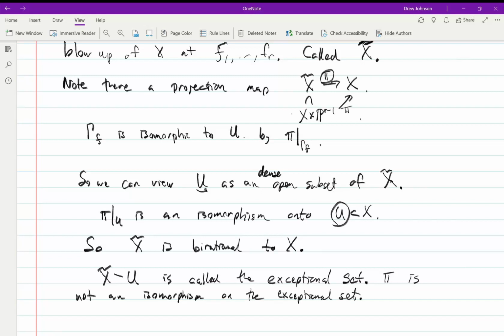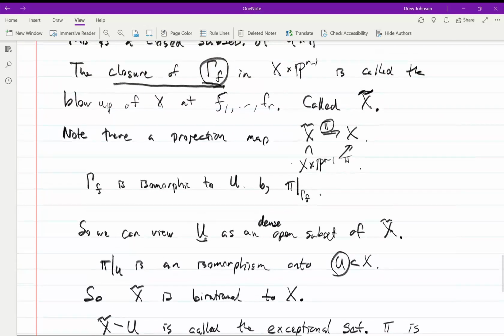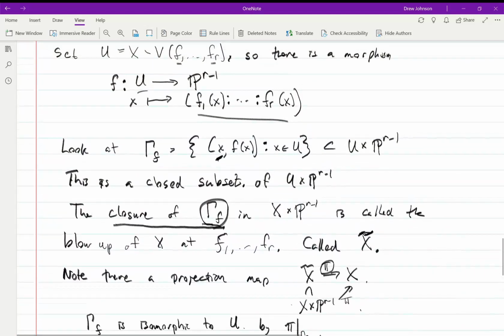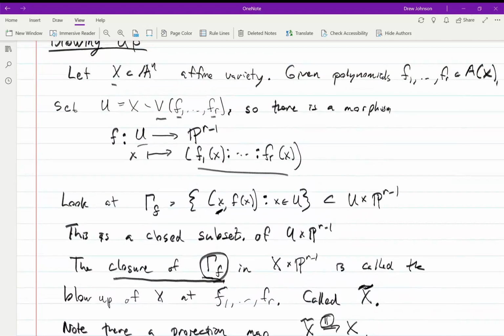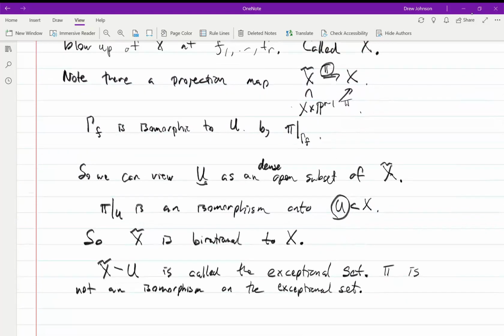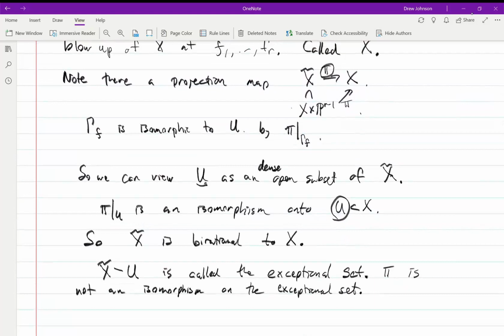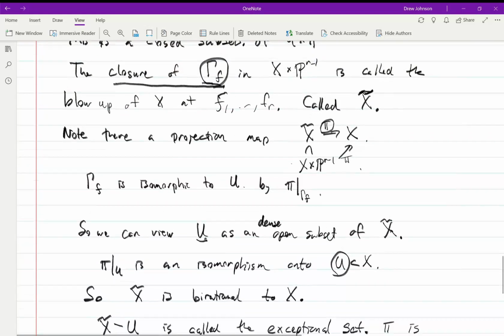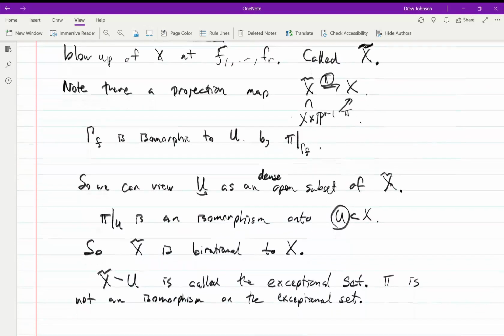All right, so what you're supposed to be thinking is we started with this variety X, and then we took out some stuff. We took out the vanishing locus of some functions, and then we made a new thing, X tilde, and X tilde is exactly the same as X on U, they're isomorphic, but on the vanishing locus of the f, we took that out and we put some other stuff in. We put this exceptional set in, and it's different than what you had in there before. Okay, so we'll spend some time talking about what's different about it and what it looks like and why that was a good thing to do.